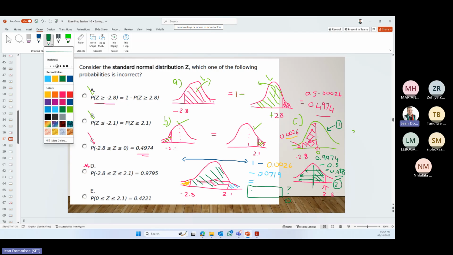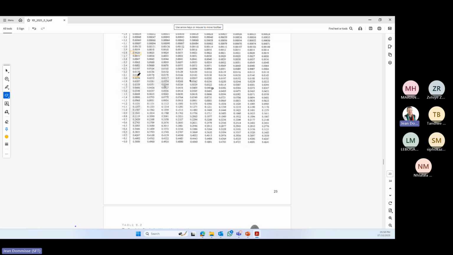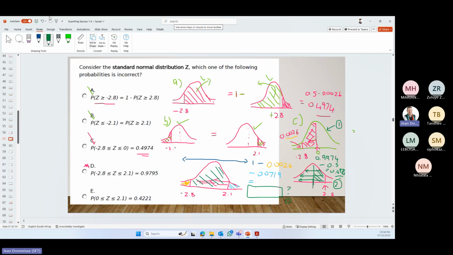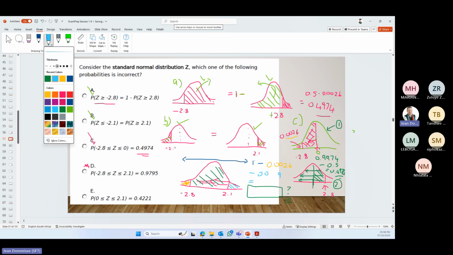So let's quickly check. I just want to get to my calculator. 1 minus 0.0026 gives us the 0.9974 that we previously had there, but then minus the light blue component, 0.0179.